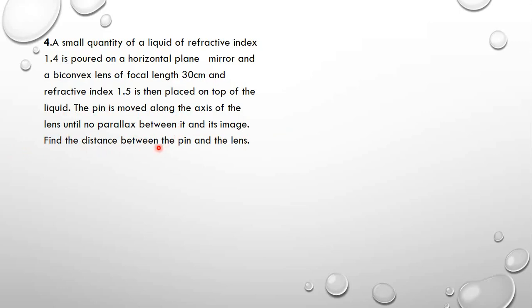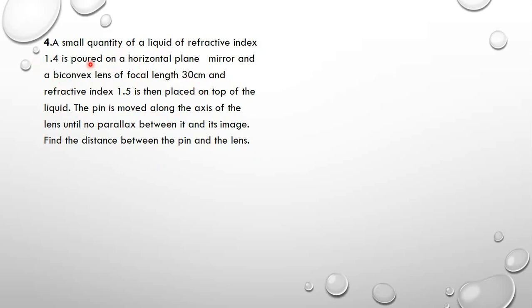Find the distance between the pin and the lens. Remember, the distance between the pin and the lens in that case will become the focal length of the combination when you have placed in that little quantity of liquid. So what you are going to do is get the focal length of the combination. That's what we want.